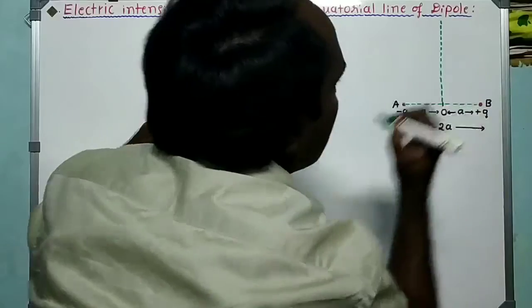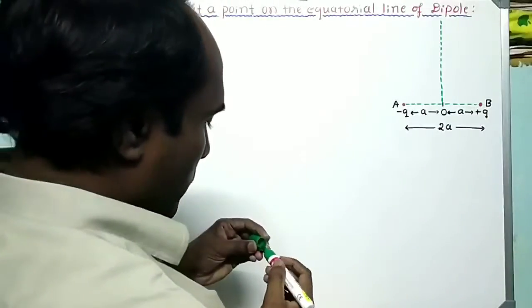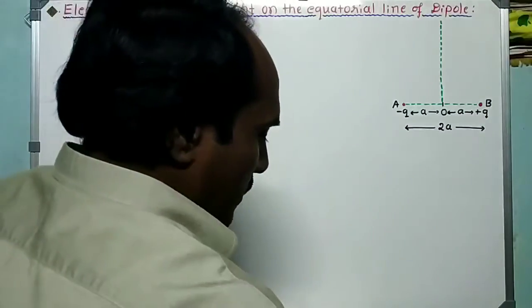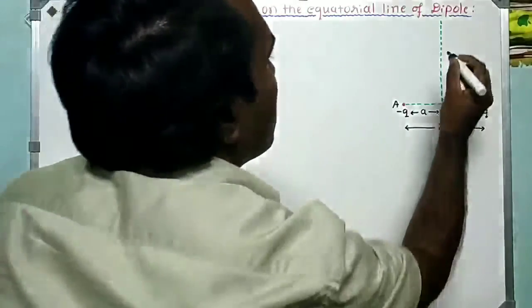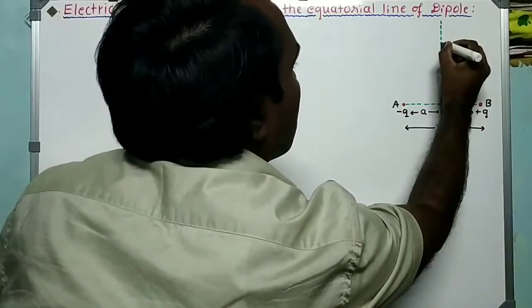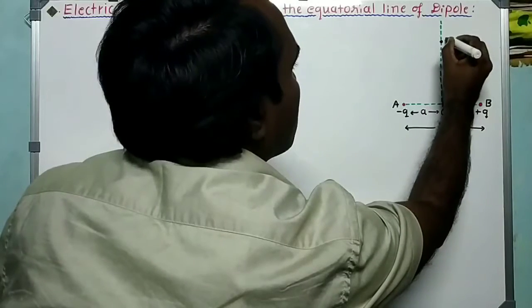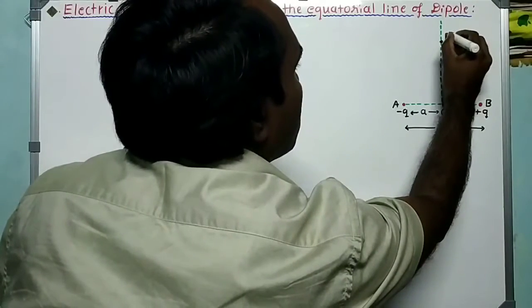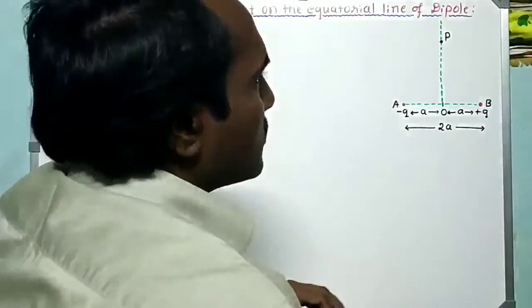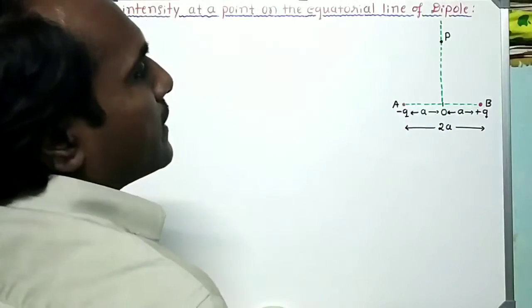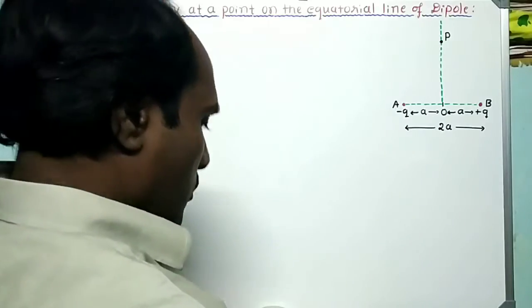This is our equatorial line. Now I will consider a consideration point P here. This is the point of consideration which is lying on the equatorial line of the dipole.